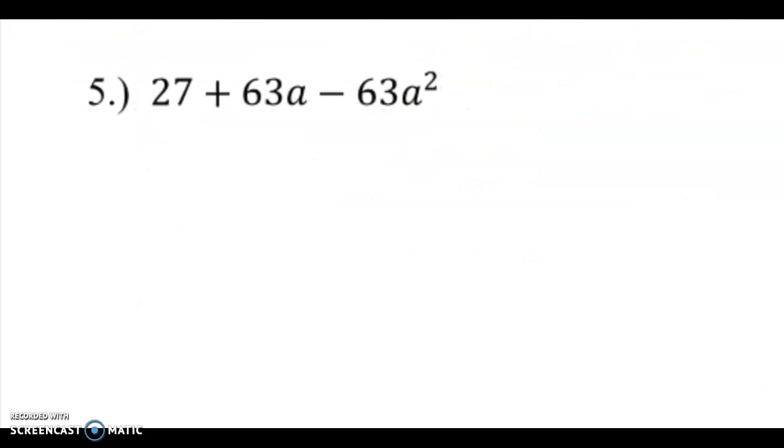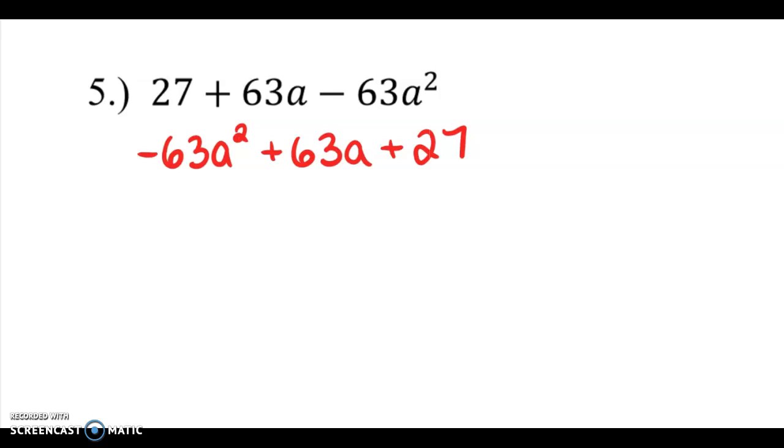This is not in standard form. Remember, standard form is decreasing exponents. So I want to make sure that I put that a squared first, then the 63a, and that constant term goes on the end. I can divide all of these by 9, but since that front number is negative, I'm going to divide them all by negative 9. And then no a's because there isn't an a with the 27.